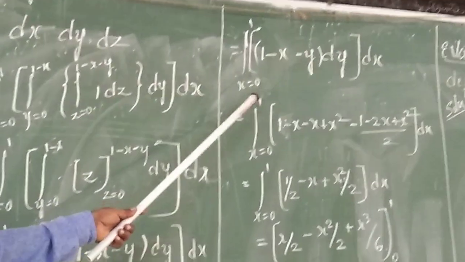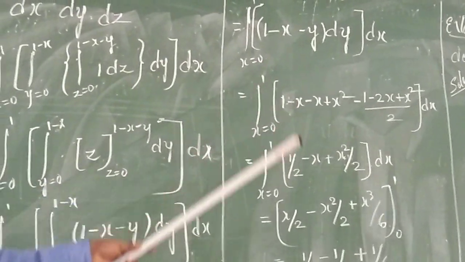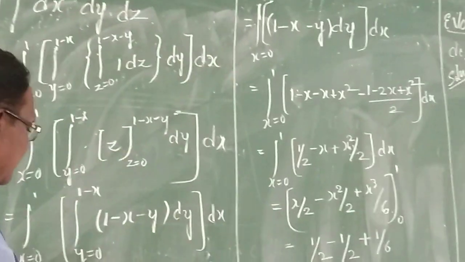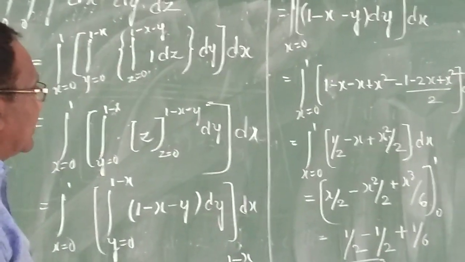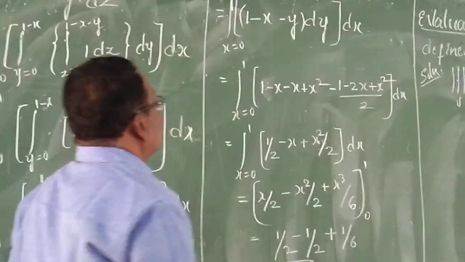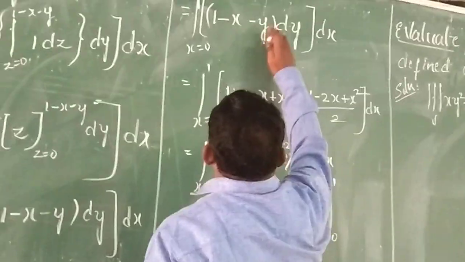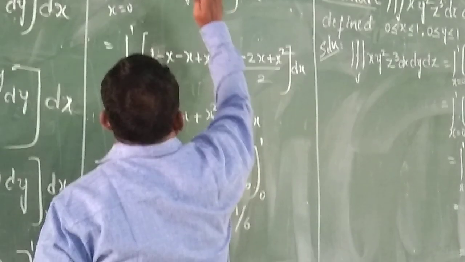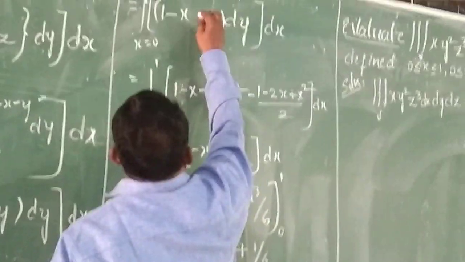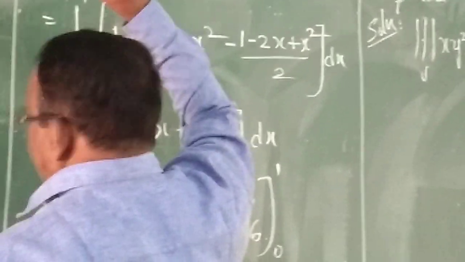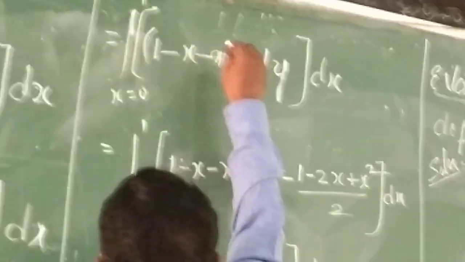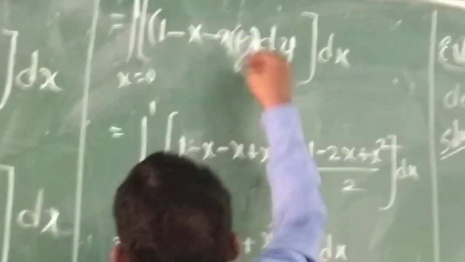Next, this is equal to integral from x is equal to 0 to 1, write it as it is, 1 minus x, minus x into y, here you have to take 1 minus x, then minus x into y means 1 minus x.